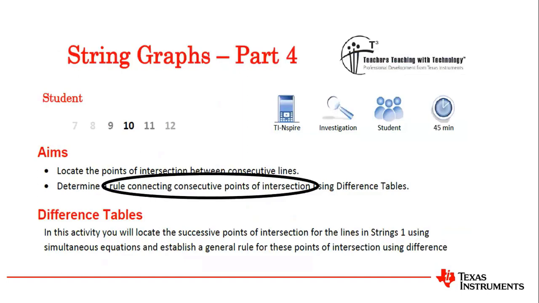We have to have some sort of a strategy that we use for that, and that's using something called difference tables. So the focus of the maths that we do today in this webinar is going to be on what a difference table is, how it's used, and then how we use something called matrices to do our calculations for us.